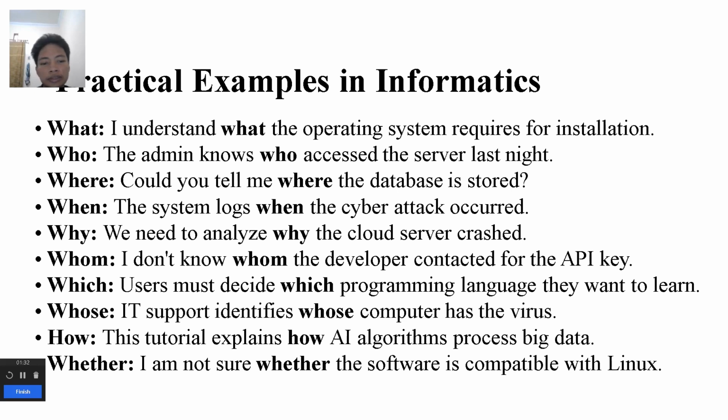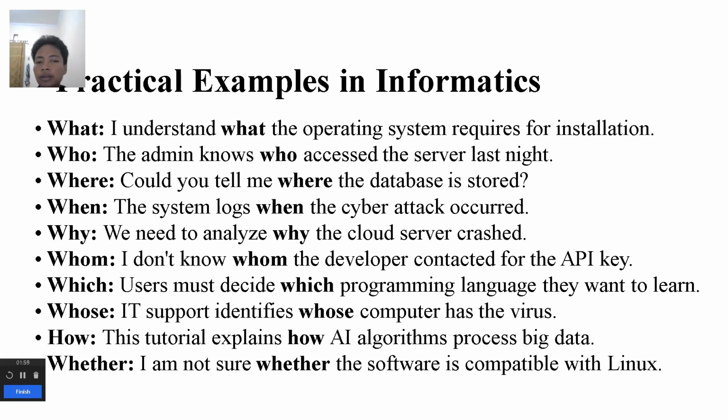Now, please look at an example of noun clauses using different connectors, specifically tailored to informatics topics. I will read them one by one. First, what? For example, I understand what the OS requires. Second, who?